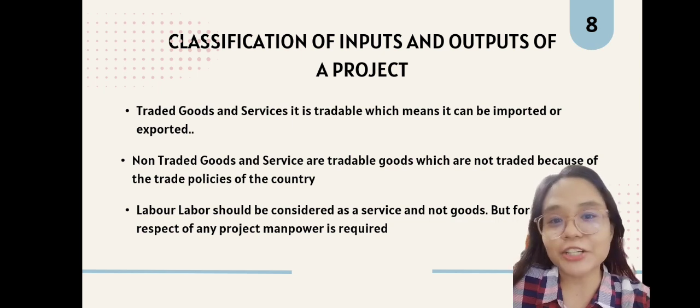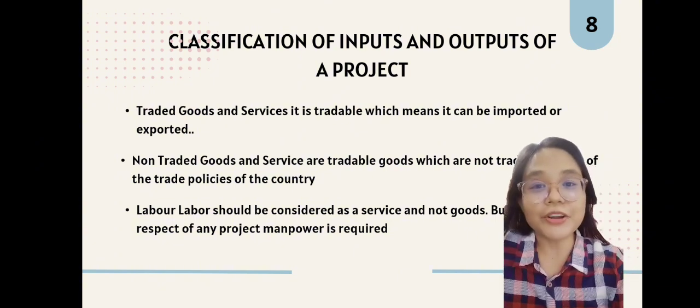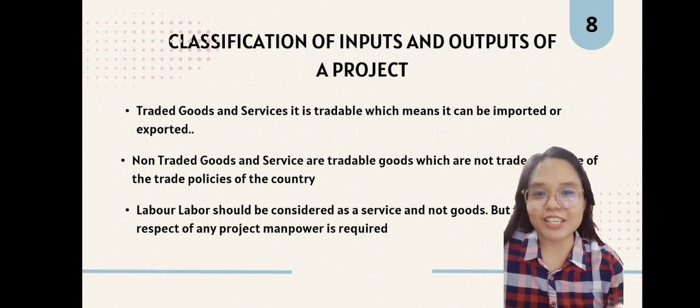Non-tradable goods are tradable goods which cannot be traded because of the trade policies of the country. Their international transport cost may be too high to permit exports or too low to make import attractive. There are many examples of non-traded goods.